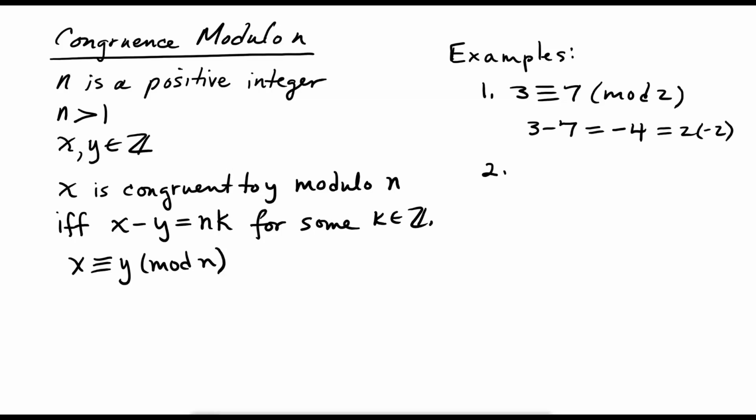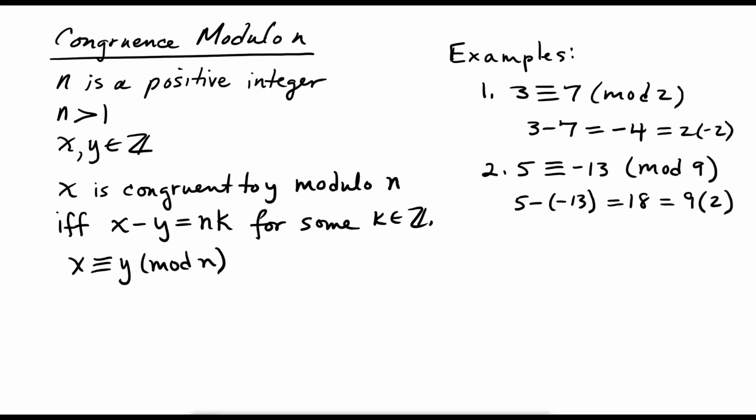Another example is 5 is congruent to -13 modulo 9. And that's because 5 minus -13 equals 18, which is a multiple of 9. Okay? So this is what it means for two numbers to be congruent to each other modulo n. n is called the modulus.